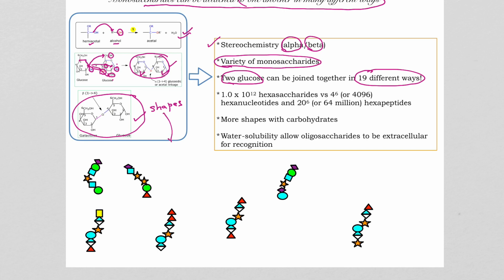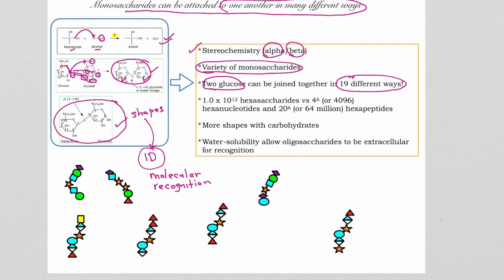And shape is very important in biology, including identification. In biology, we have this very important phenomenon called molecular recognition. How molecules recognize one another. We'll talk a lot more about this, not only in this video, but in future videos. Very important concept that drives the whole biology, the whole human body.